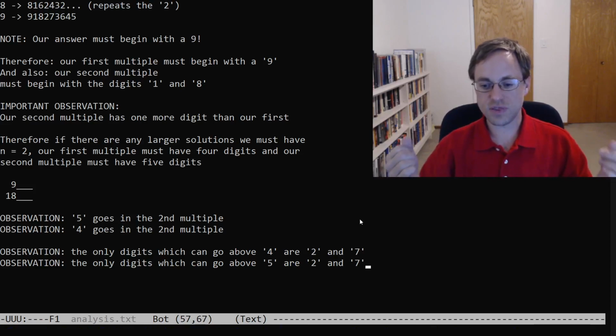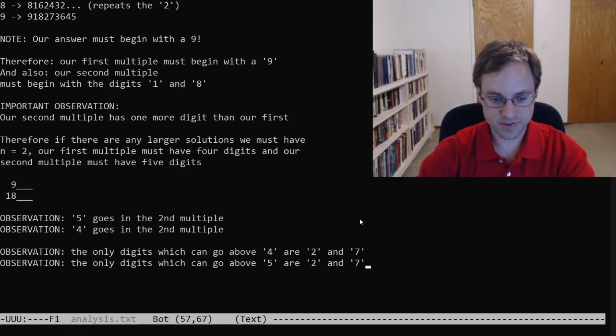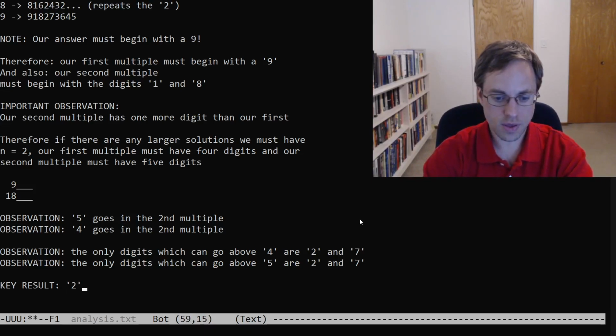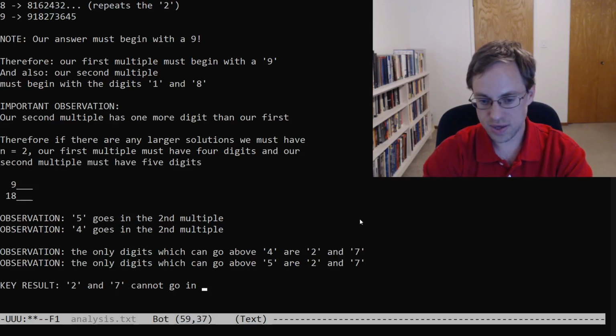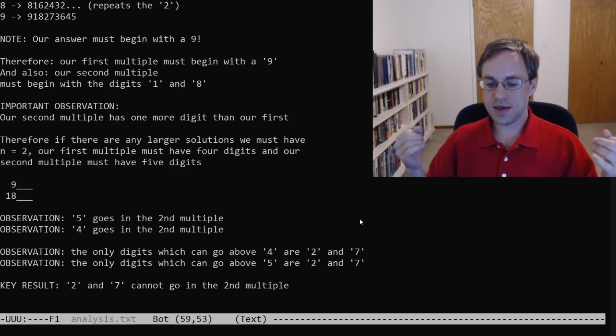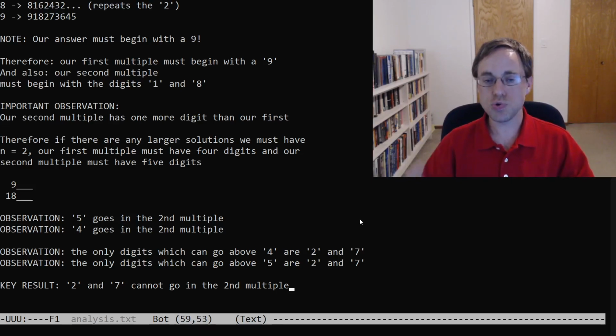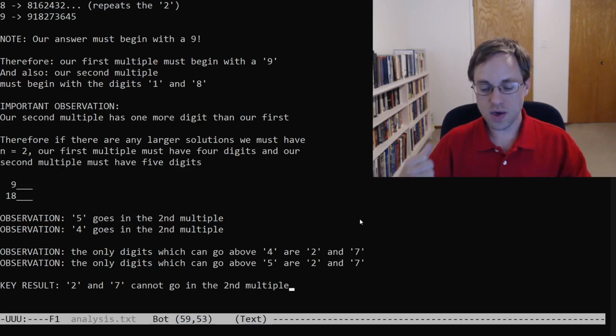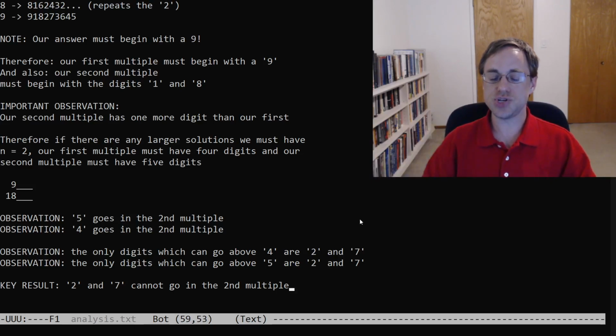And this means a couple of things. We'll say key result, 2 and 7 cannot go in the second multiple. And that's because if you were to try to put 2 or 7 in the second multiple, 4 and 5 would be left, one of the two would be left without a digit above it.